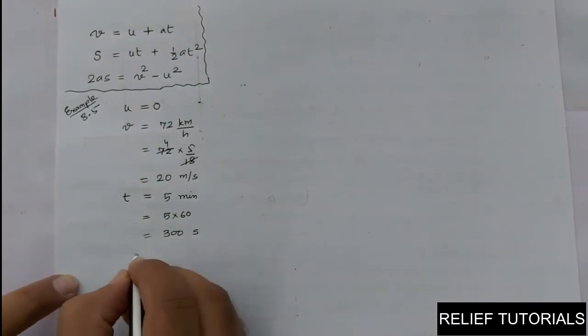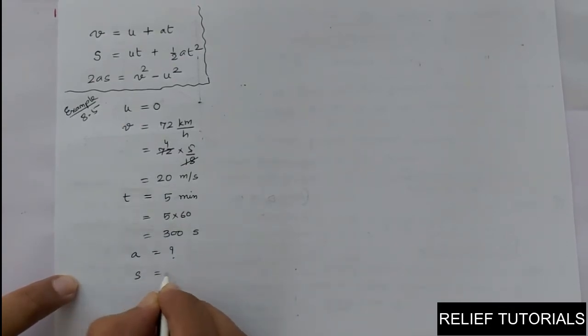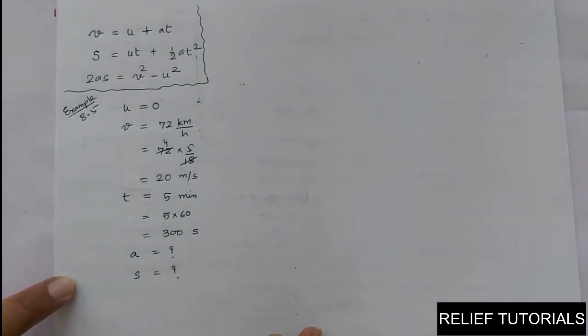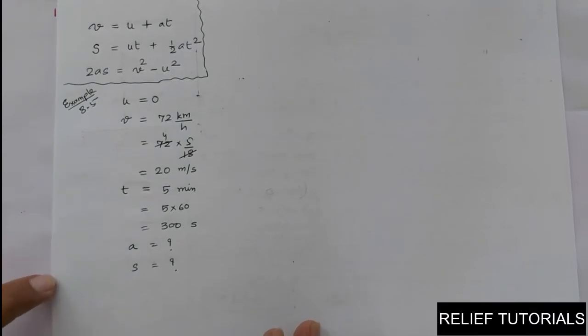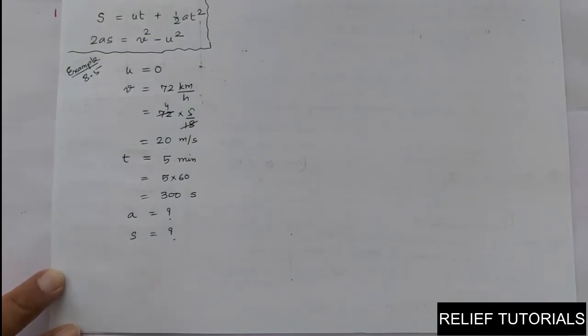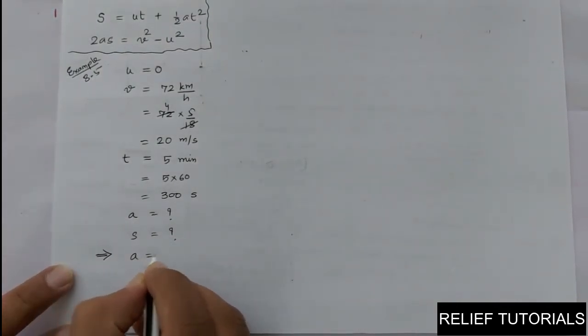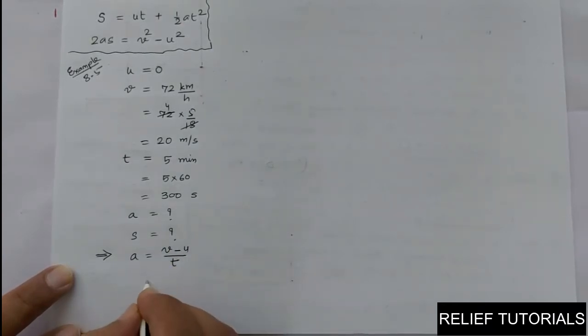First question, to find acceleration, means A is our question, and second you have to find the distance traveled by the train for attaining this velocity. So let us find first of all the acceleration. What is the formula for A? A is equal to V minus U by T. Very easy. What is V?